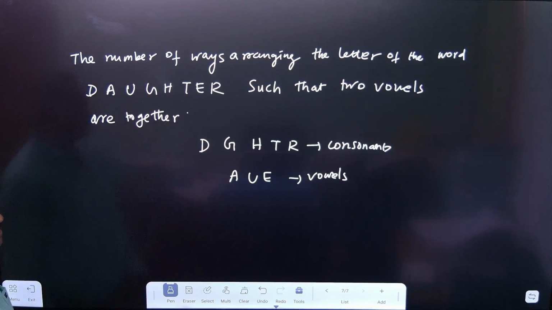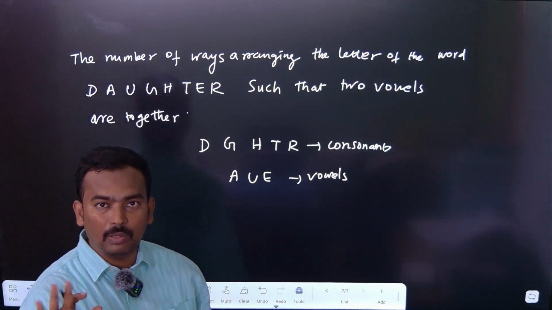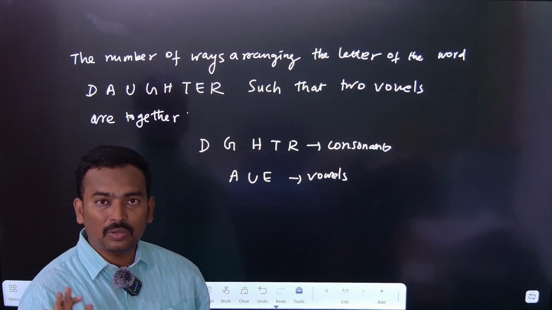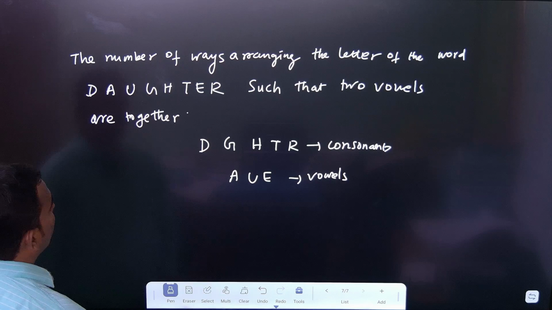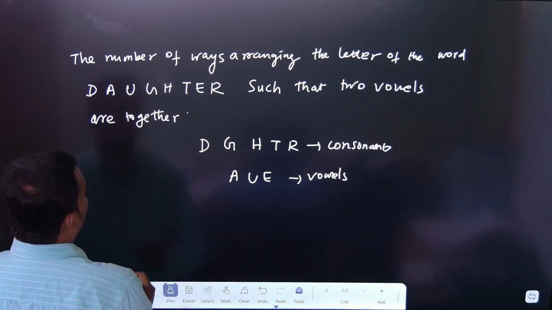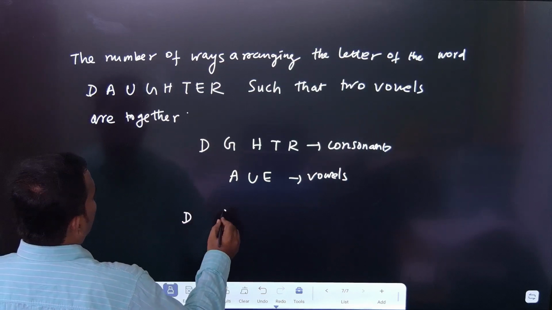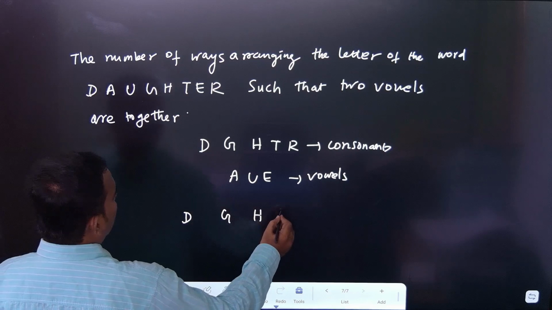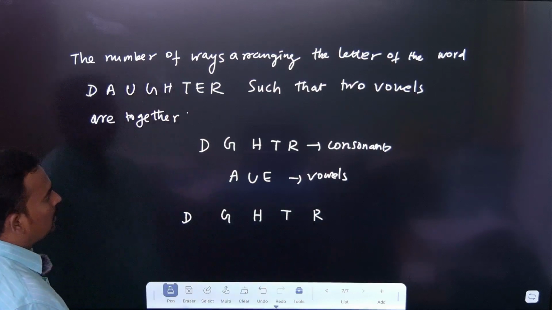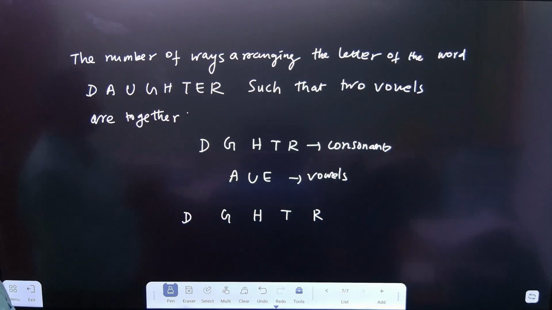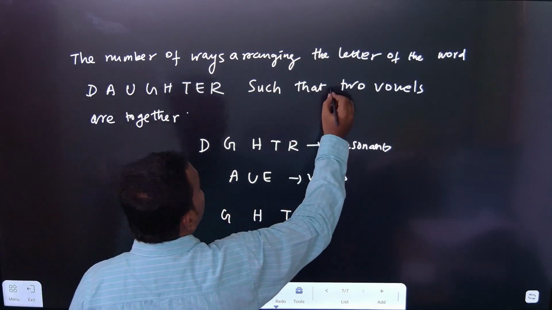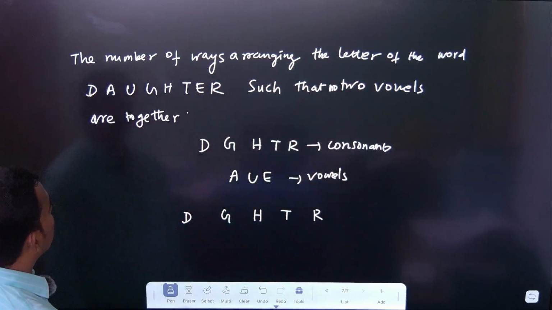First, which is the restriction? The restriction is on the vowels. Without restriction, you first fill the consonants in a row: D, G, H, T, R. But no two vowels can be together.